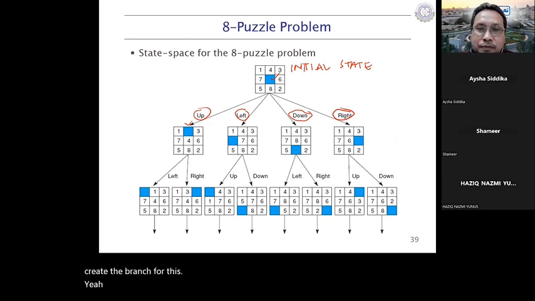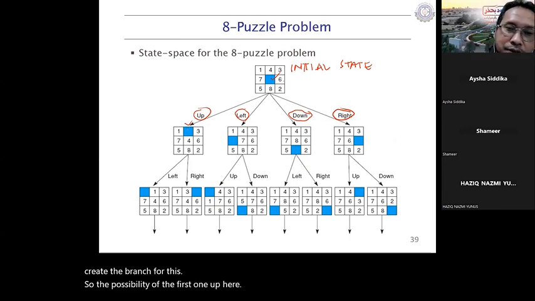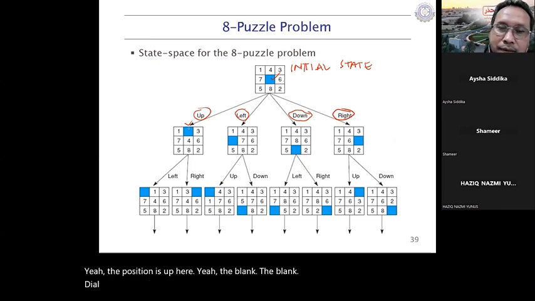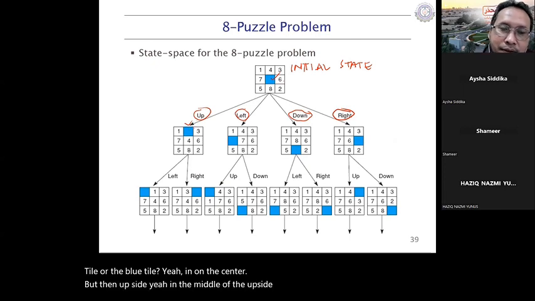For the first one, up here, the blank tile is in the center but on the upper side, in the middle of the upside. Then we can move this one to the left, because this one is already up.